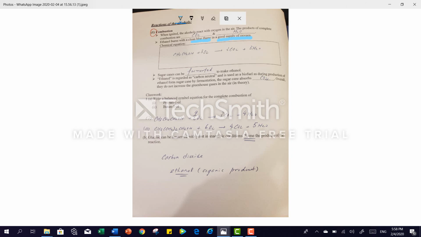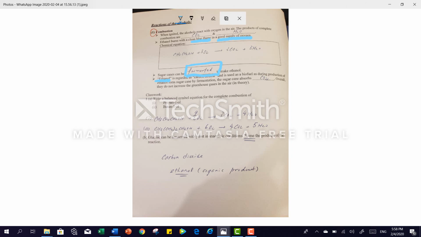And then here it mentioned that sugar canes can be fermented to make alcohol. If you're a biology student, you should know that. But one more point I'd like to point out is that ethanol is regarded as a carbon neutral fuel.